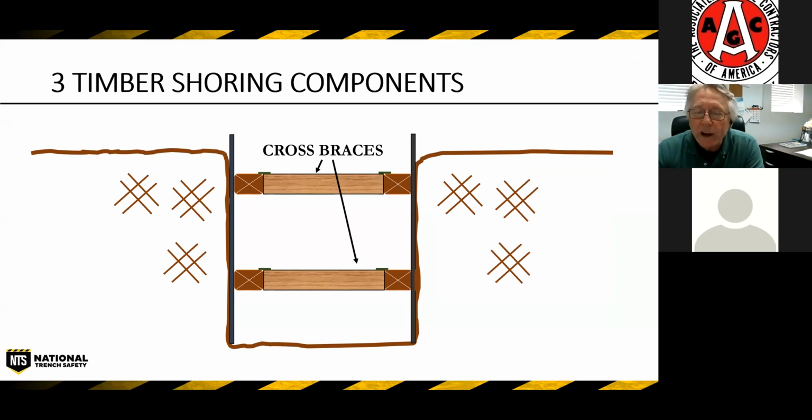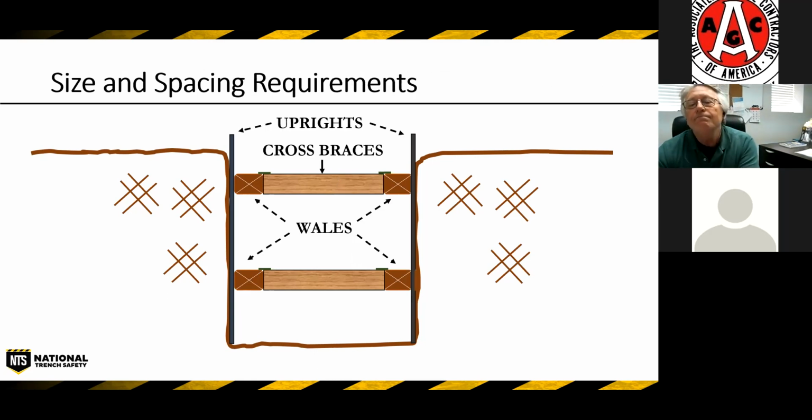So uprights, wales, and cross braces make up our timber shoring system that we see in Appendix C. What's important is the size and spacing of each of these members. The deeper the trench and the worse the soil is, that means these structural members have to be larger and they have to be spaced closer together for strength.